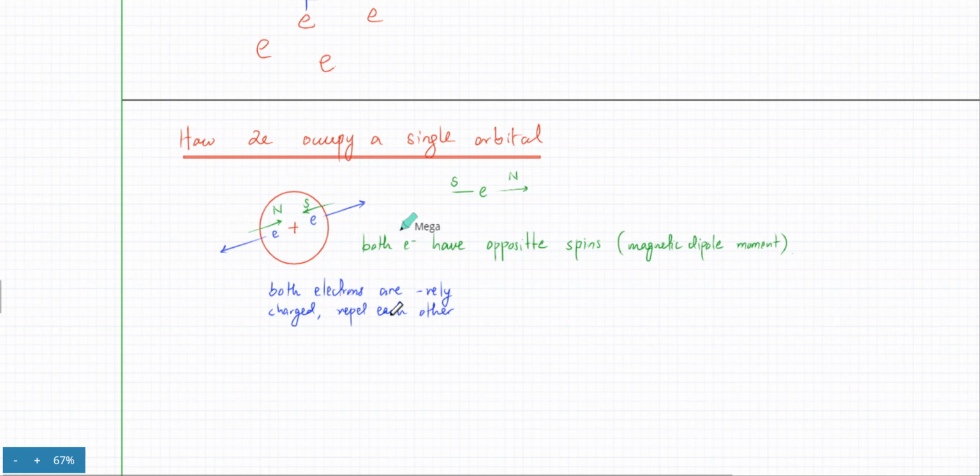Both electrons are negatively charged, they repel each other, but both electrons have opposite spins or opposite magnetic fields. So they attract each other, which cancels out the force of repulsion.